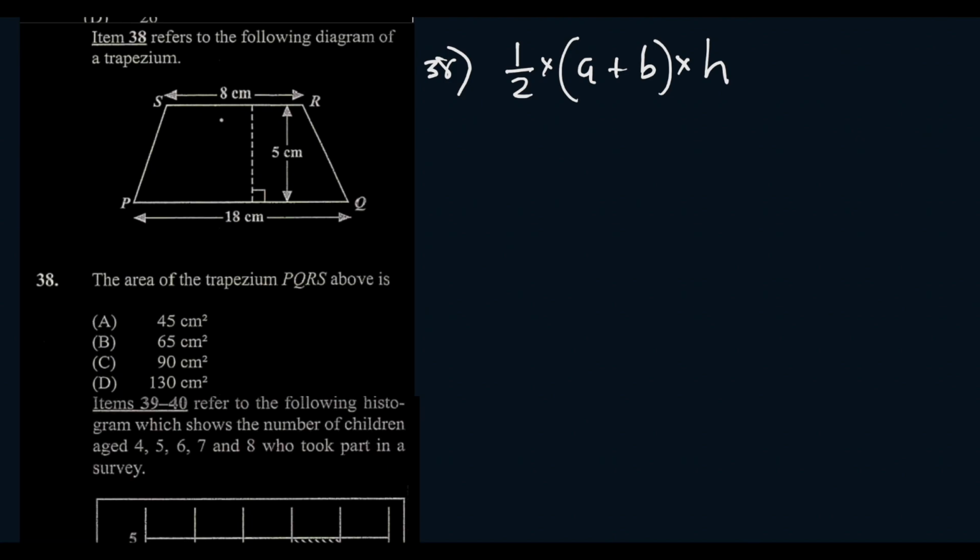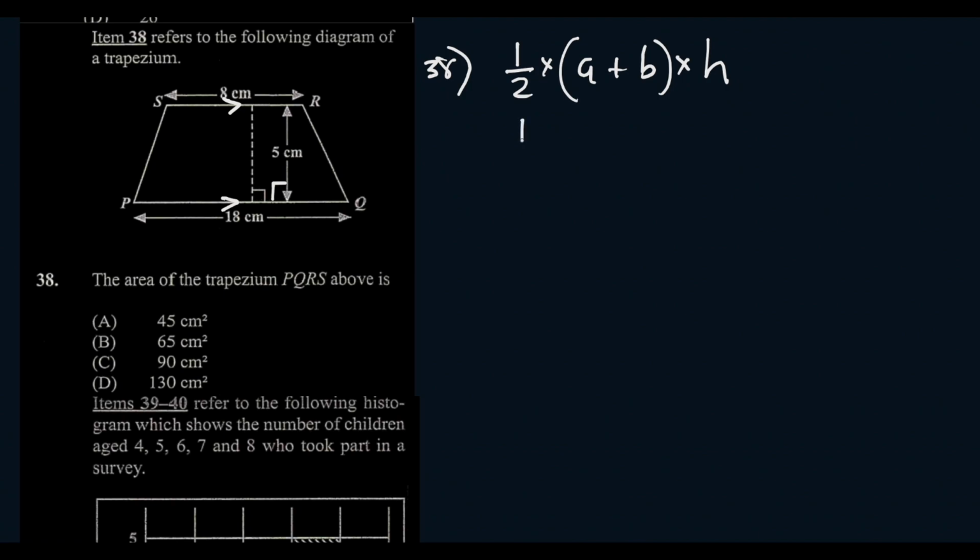Now if you look at this, what are the parallel lines? Well, the parallel lines would be the 8 as well as the 18. And this height is not just any height. It's a perpendicular height to those parallel lines, or the distance between those two parallel lines at a perpendicular state.